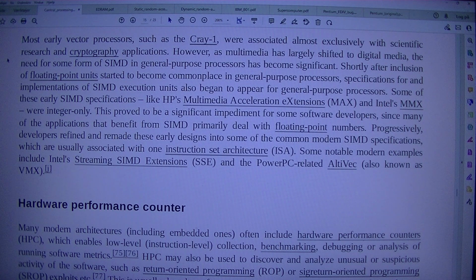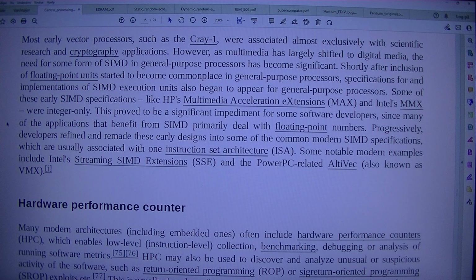However, as multimedia has largely shifted to digital media, the need for some form of SIMD in general-purpose processors has become significant. Shortly after inclusion of floating-point units started to become commonplace in general-purpose processors, specifications for and implementations of SIMD execution units also began to appear for general-purpose processors.